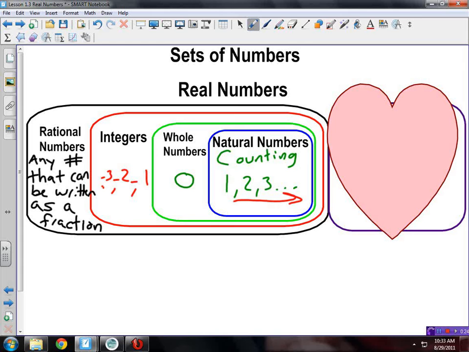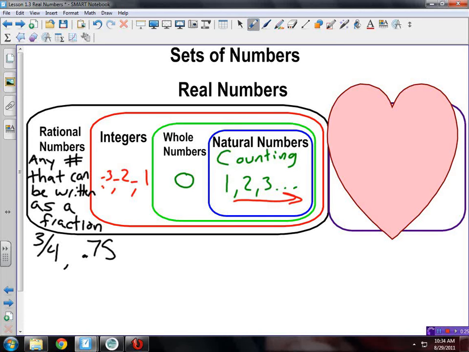So somebody give me an example of a fraction? 3/4, okay. Now, does this definition say it has to be written as a fraction? It just says it can be. So what else could I put in there? 0.75. 0.75 is a rational number because it can be written as a fraction.